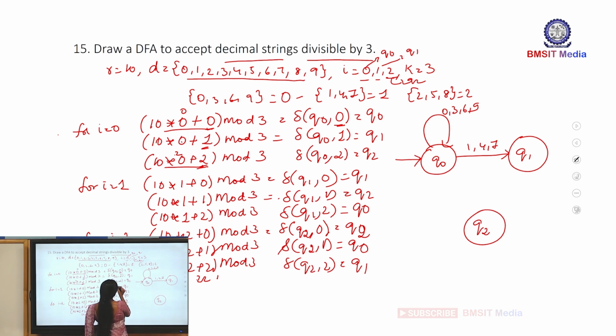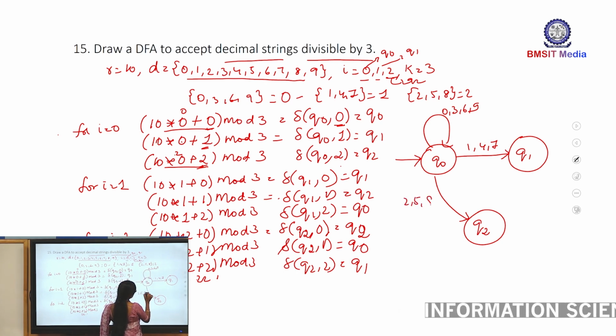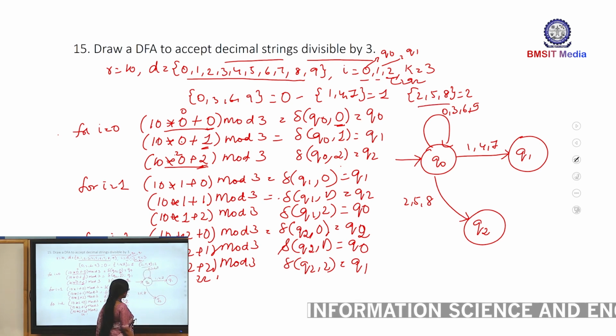Okay. In the next case, let me come to Q2. So Q0, on seeing a 2, makes a transition to the state Q2. So 2 can be written as 2, 5, 8.